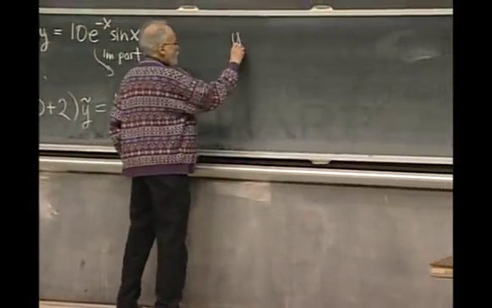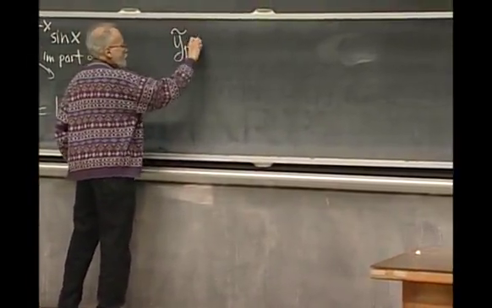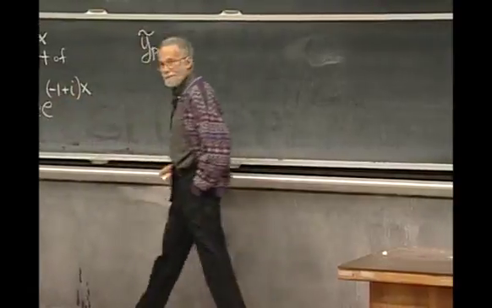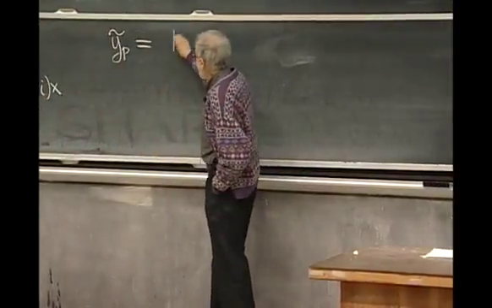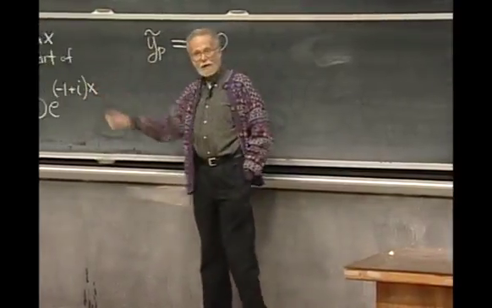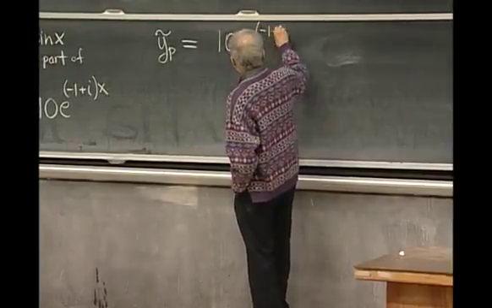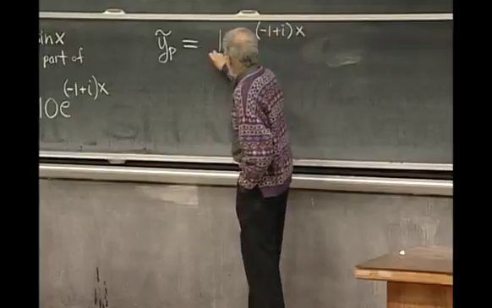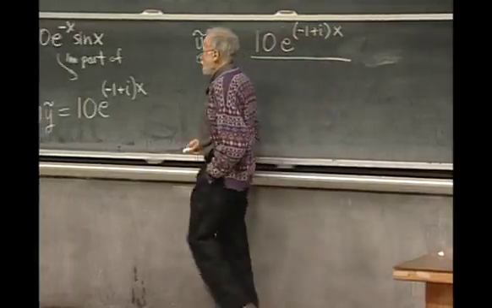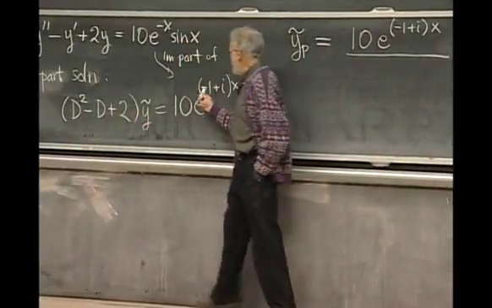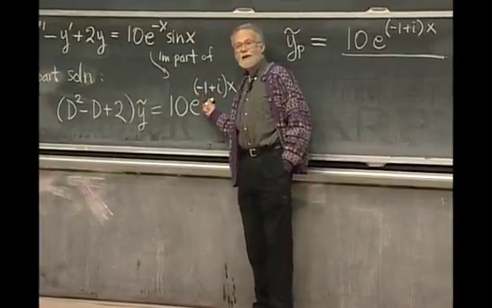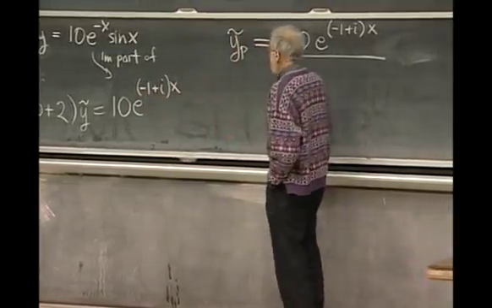Well, the complex particular solution I can write down immediately. It is 10, that of course just gets dragged along by linearity, times e to the minus 1 plus i times x, over this polynomial evaluated at this alpha.